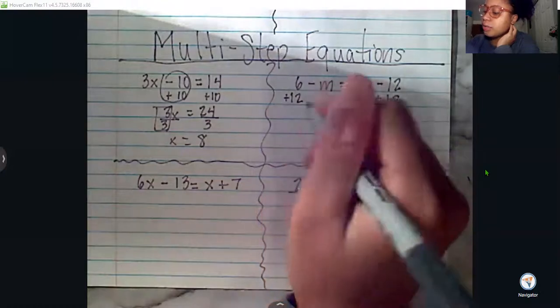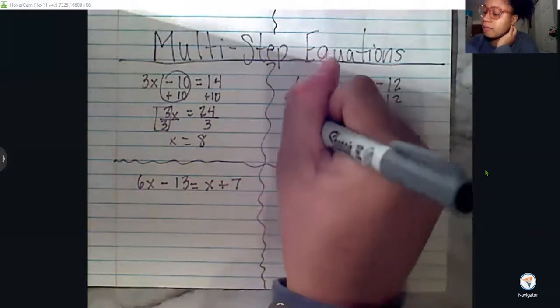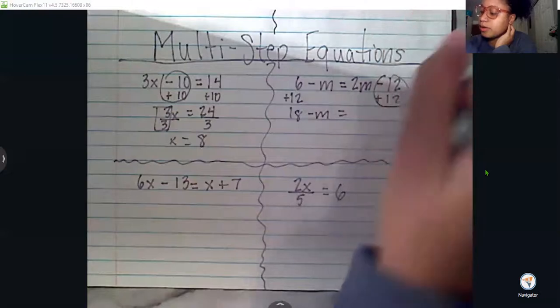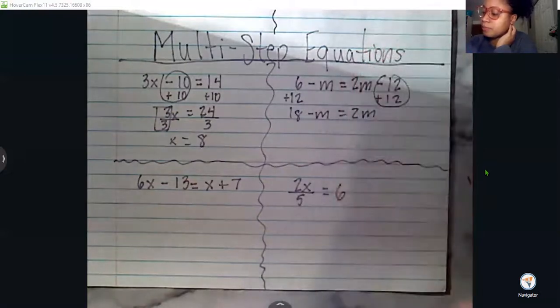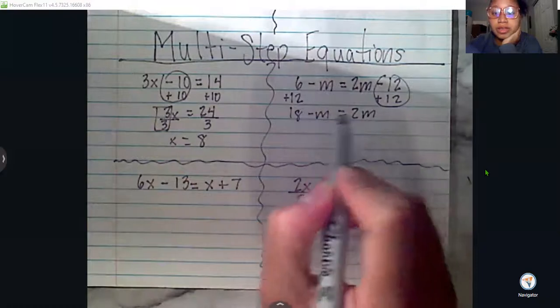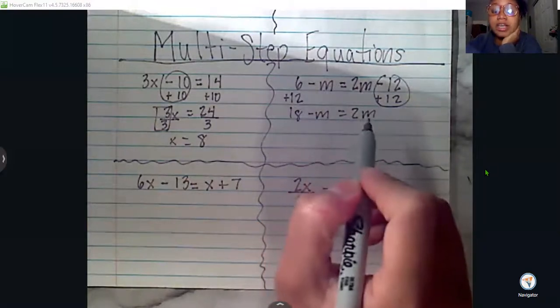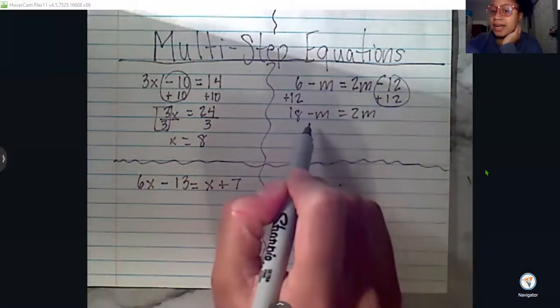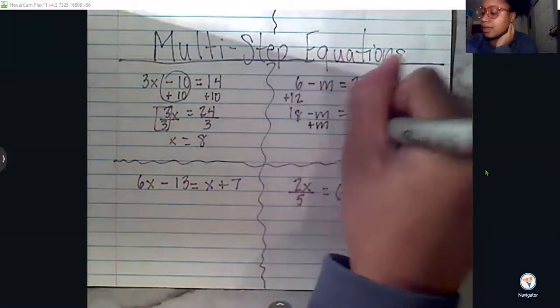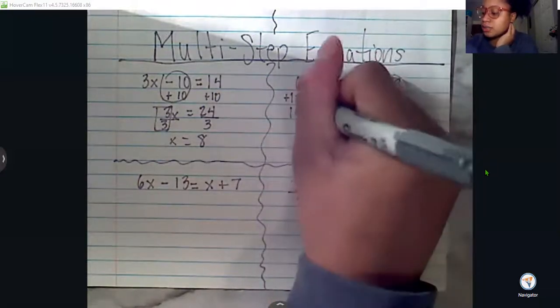So then you end up with 18 minus m equals, this made a zero pair, 2m. And then now we want the m's to be on the right side. So in order to do that, I need to get rid of this minus m, and I need to do the inverse operation, which is adding an m on both sides. So this made a zero pair.